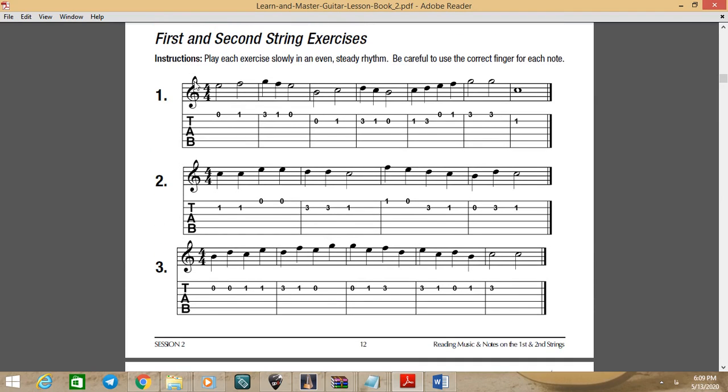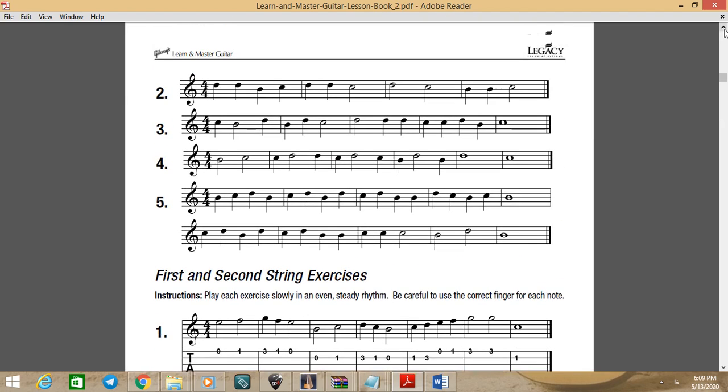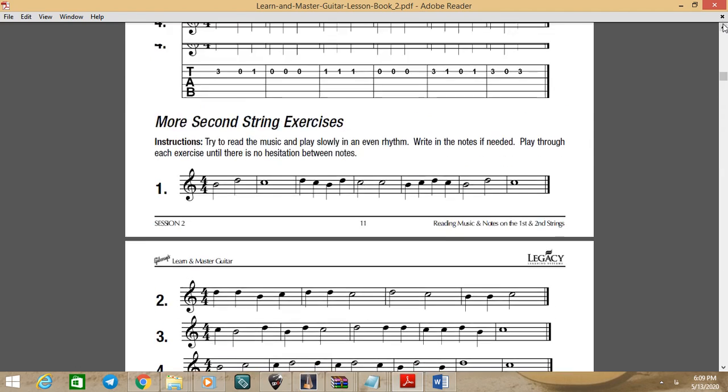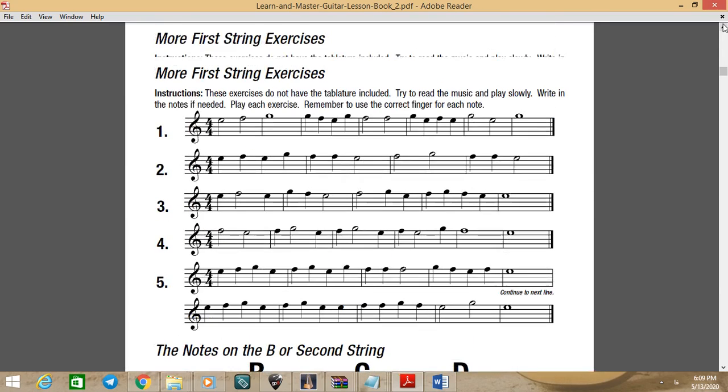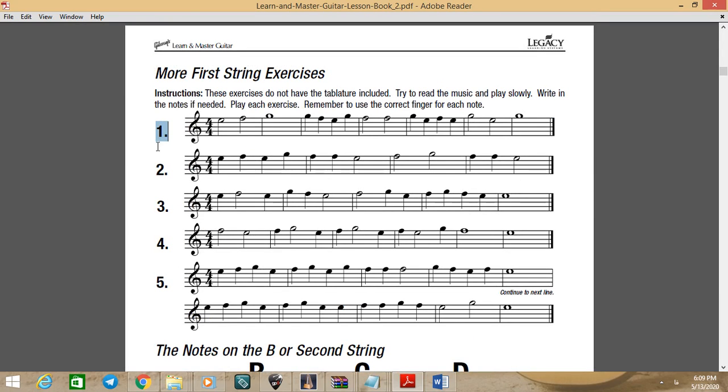In this page, I want exercises 1, 3, and 5. In this page, 1 and 2. Read these exercises and record and send them to me in 3 ways. Okay? Have a nice day.